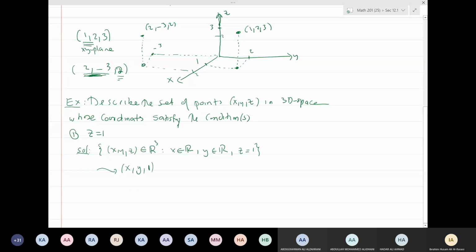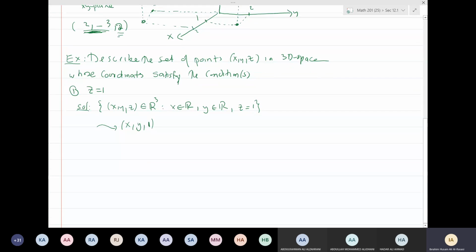So these points form what? How to locate these points? What shape do they form? Or what region do they form? The best way at the start is to try to locate some points, choose some values of x, some values of y. Choose some points and discover a pattern.